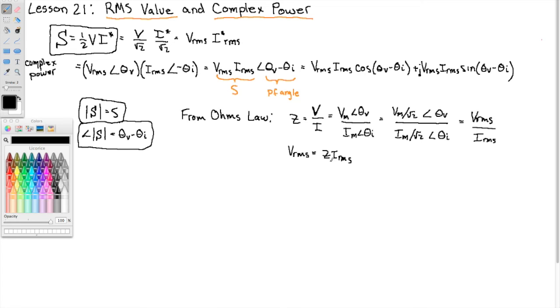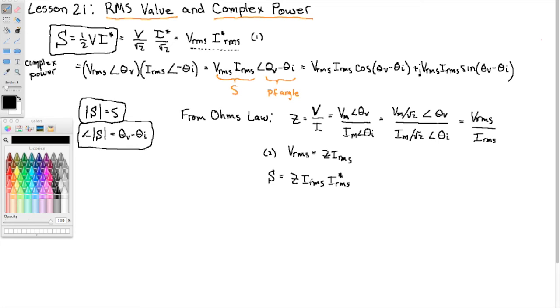Now, we'll call this bold S equation 1, and we'll call this equation 2. If I plug equation 2 into equation 1, what I see is that the complex power is equal to Z times I RMS times I RMS complex conjugate.